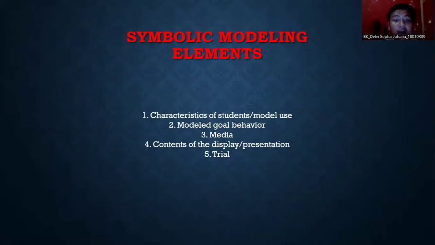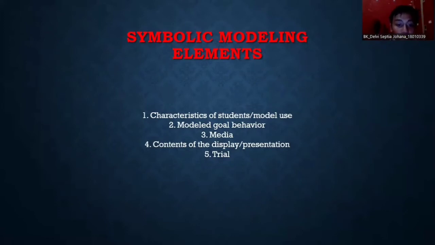Number 1, characteristics of the student or model user. The initial consideration in developing symbolic modeling is to determine the character of the pupil who will use the desired model, such as age, habits, and so on.